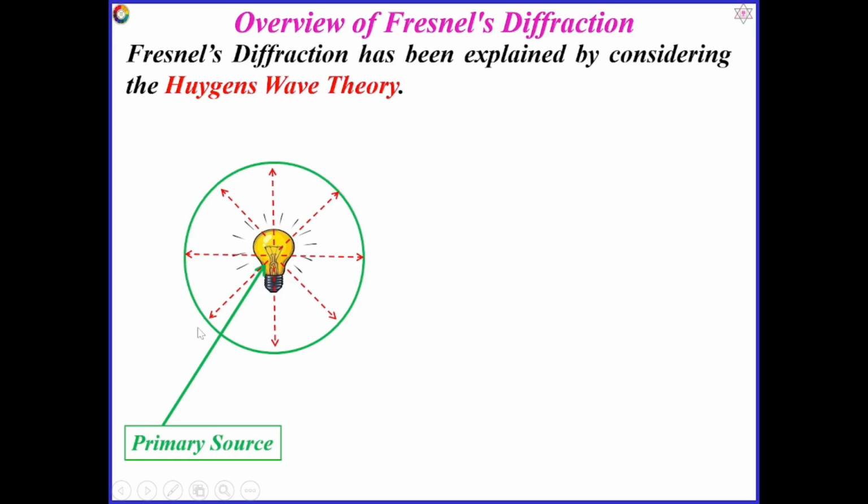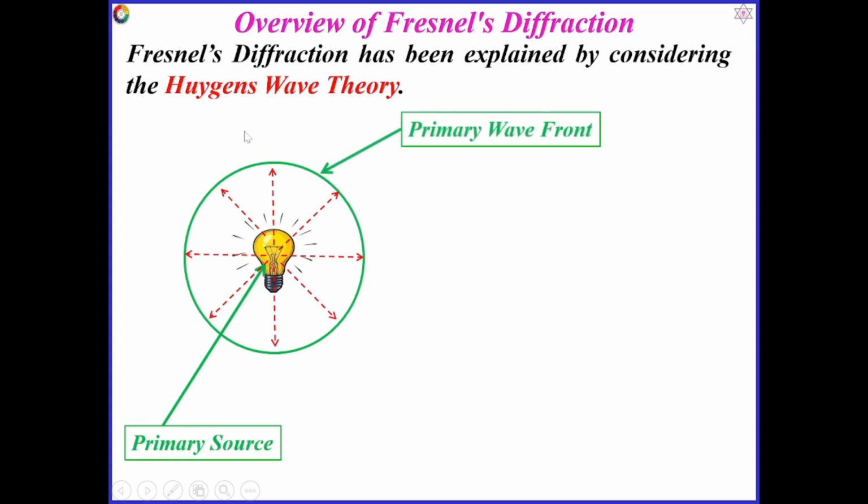At each and every point of this circle, or in the case of a 3D sphere, the phase is the same. That means suppose light is traveling along this direction; here the phase will be the same, and here the phase will be the same. You can also say the phase difference between the two points will be 0. This is the imaginary circle we have considered around the primary source, which is called your primary wave front.